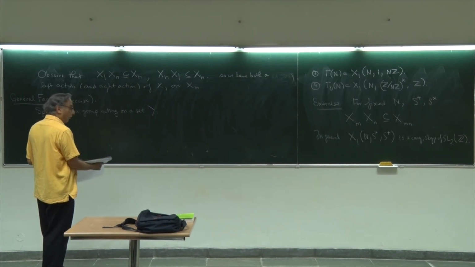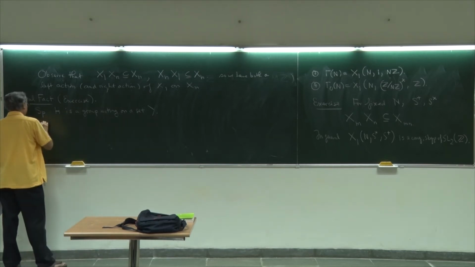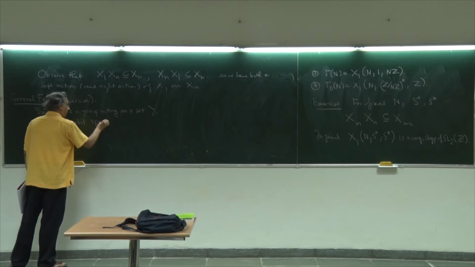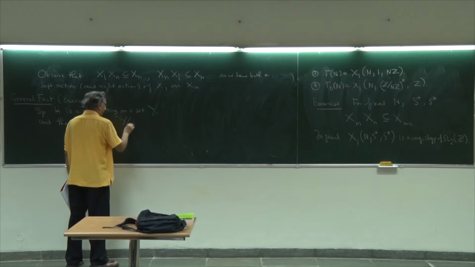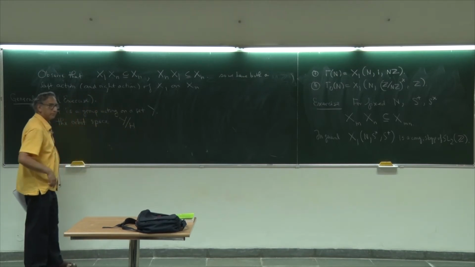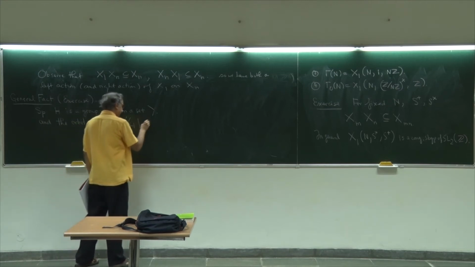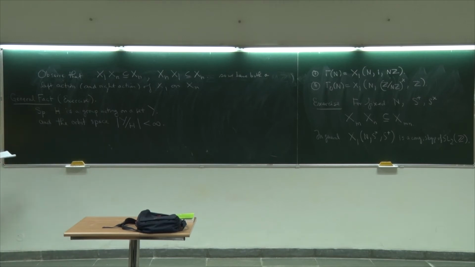And suppose that the orbit space is finite. Some people write it like this, or some people write it as H\Y. But suppose this is finite. In other words, the number of H-equivalence classes is finite.